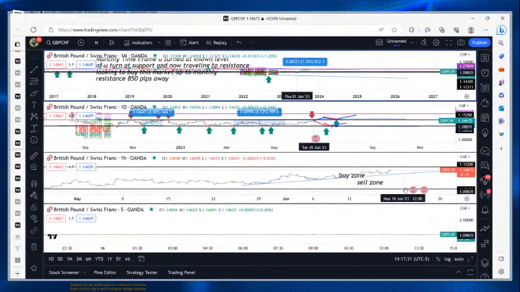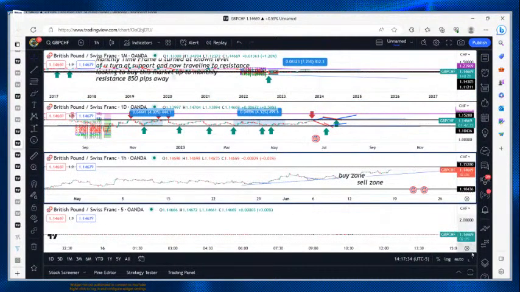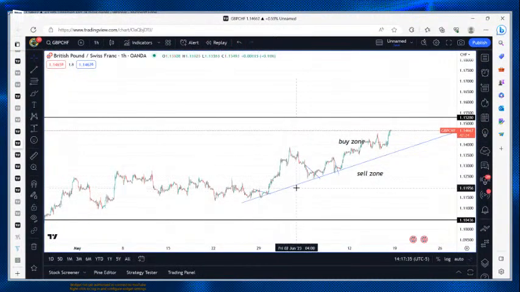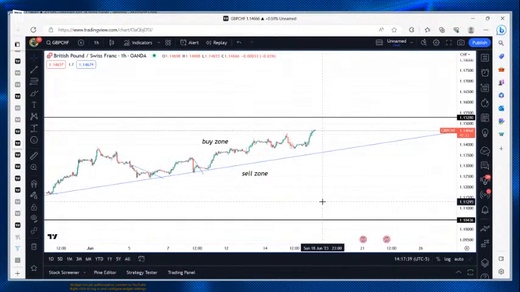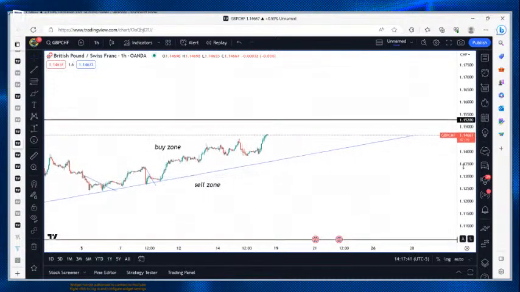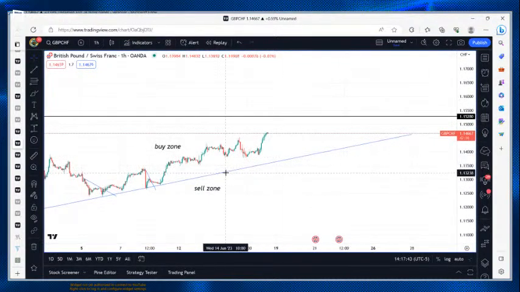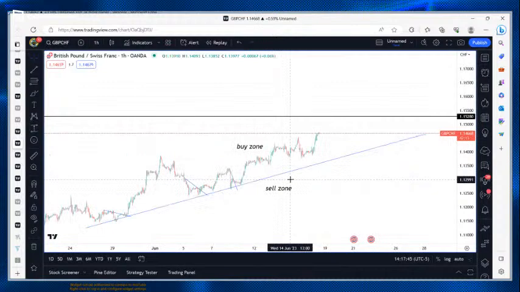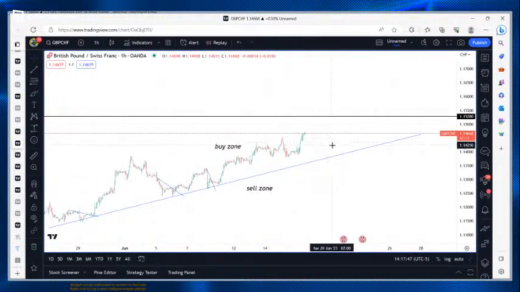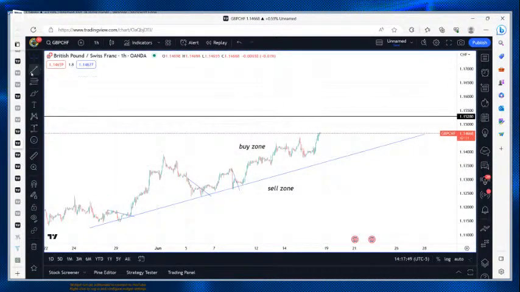So see how the charts are starting to line up with each other. Then we come to the 1 hour time frame. Basically what we're looking to do, because the market is too high right now. So if the market came down, we could be subjecting ourselves to the market breaking this uptrend line.